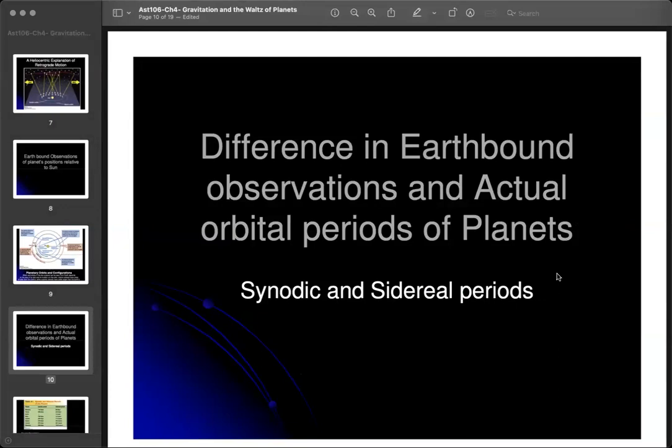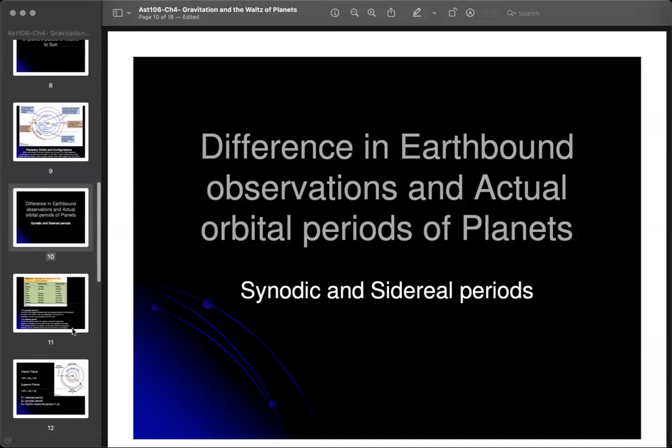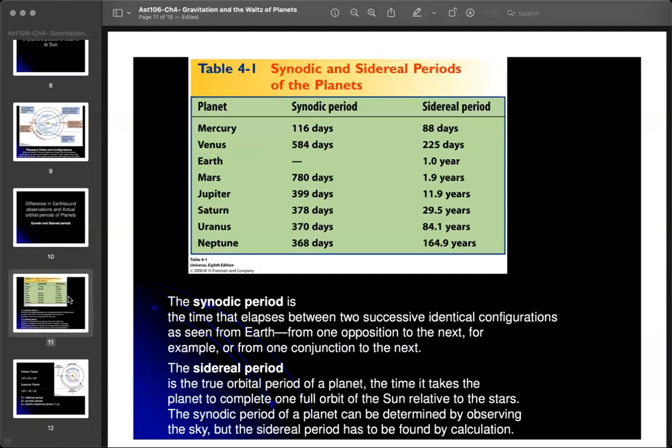Okay. So this has to do with trying to determine the period of a planet. What is a period? Period is the time a planet takes to go around the sun. Okay, so there is a real period of the planet.